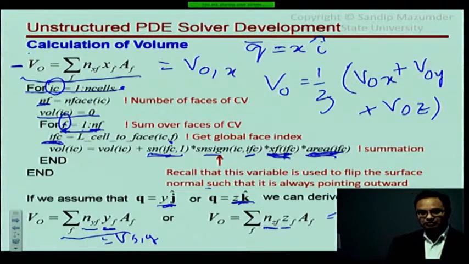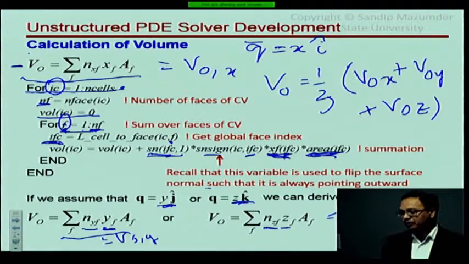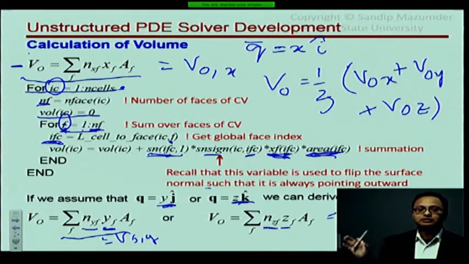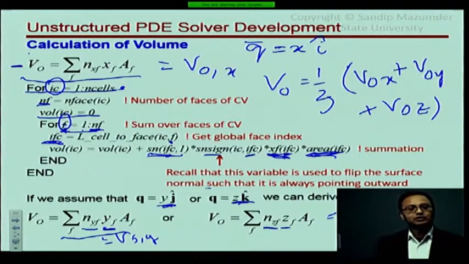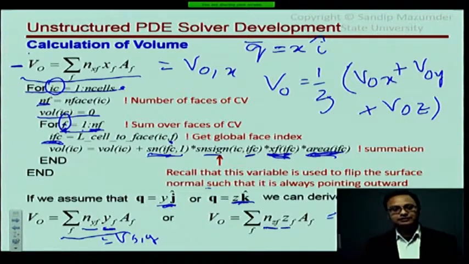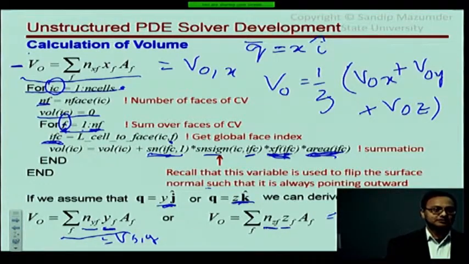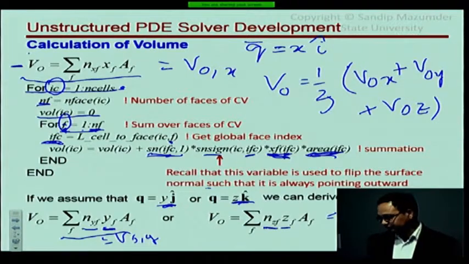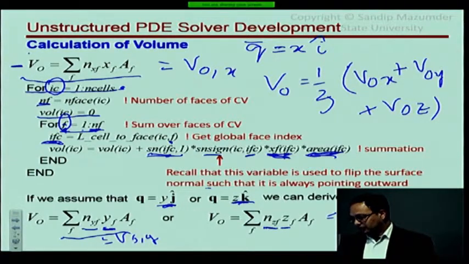All right. Any questions? Now, the only caveat is that this method is applicable only to control volumes or cells that are bounded by straight-edged discrete faces. Okay, so that's your volume calculation.